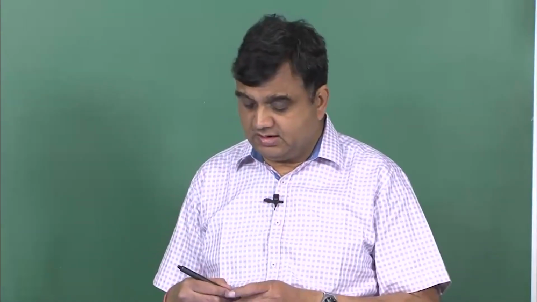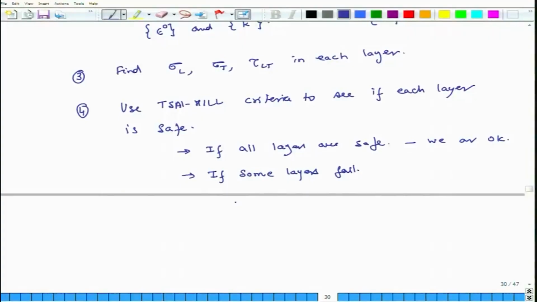If some layers fail, what we have to do is identify which layer fails first. Let us say this is the kth layer, it is failing first.